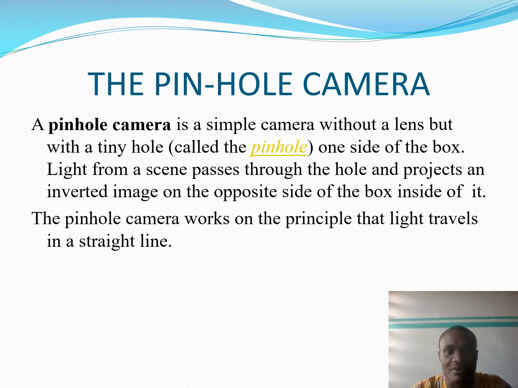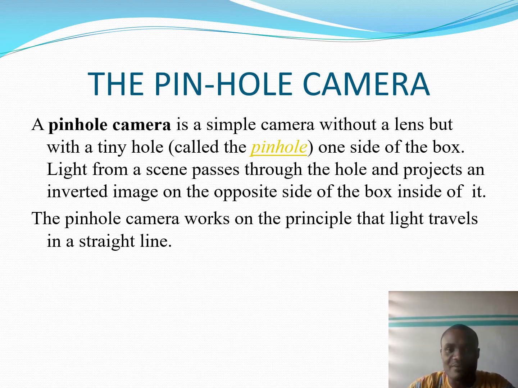The pinhole camera is a simple camera without a lens, but with a tiny hole called a pinhole on one side of the box. Light from a scene or an object goes through the hole and projects an inverted image. When I say something is inverted, it means it is turned upside down.